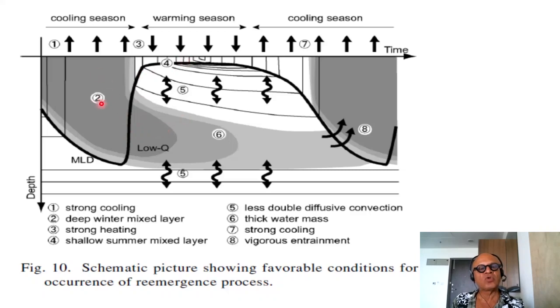So this cold water that was created in the cold season is sitting here, and when the next cooling season comes, depending on the turbulent kinetic energy and interannual variability and so on, the previous year's cold waters can get re-entrained into the mixed layer during the cooling season.